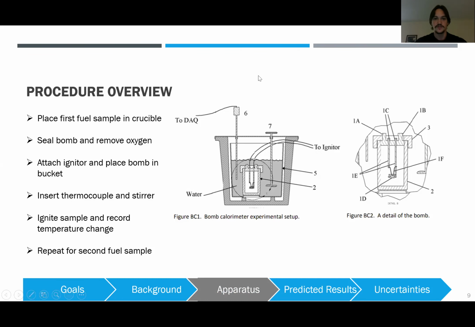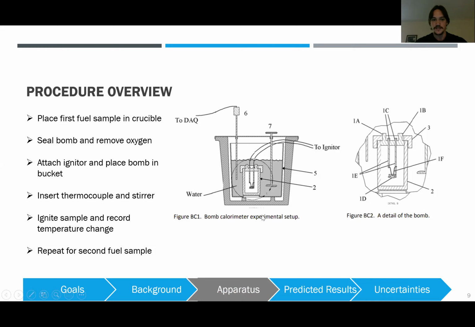Okay, and a quick procedure overview. You're going to place the fuel sample in the crucible. The crucible is basically just the thing that holds the fuel sample, right here, 1D. You're going to seal the bomb and remove the air. This is done by pressurizing it with pure oxygen and then purging that pressurized bomb container about 4 or 5 times, until enough of the fluid in there is oxygen and not oxygen combined with air.